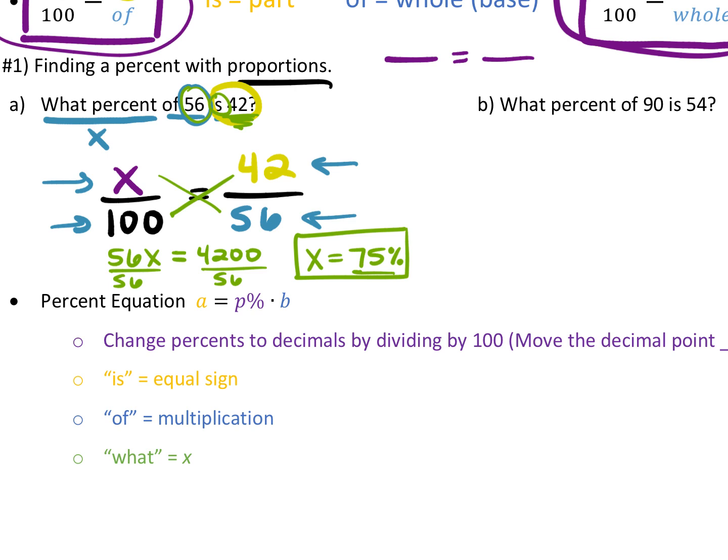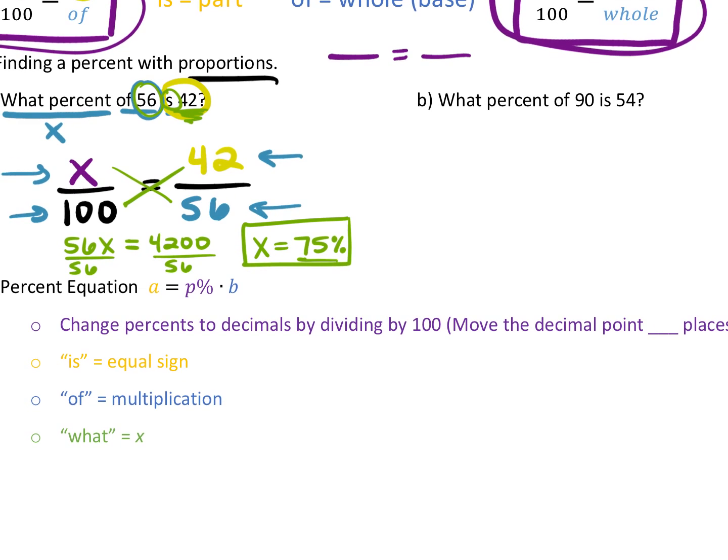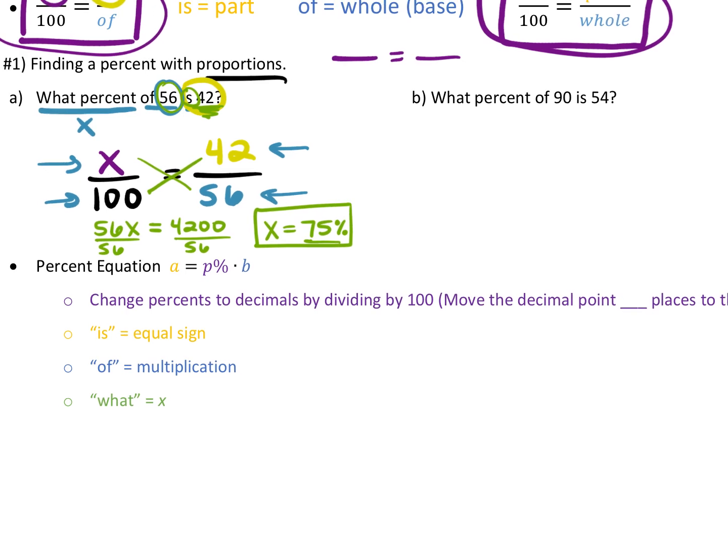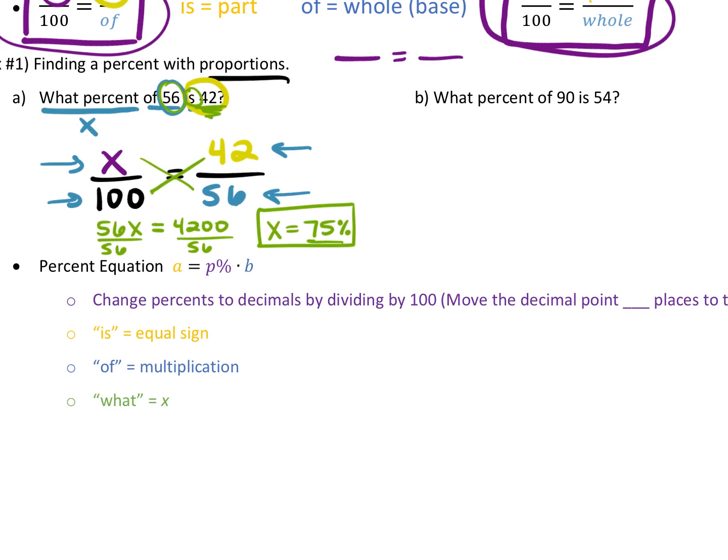Does it make sense? That's really good for helping you figure out, yep, I have a reasonable answer here, or no, that is not a reasonable answer at all. This is reasonable, right? 42 is about 75%. It's exactly 75% of 56. What percent of 56 is 42? 75%.